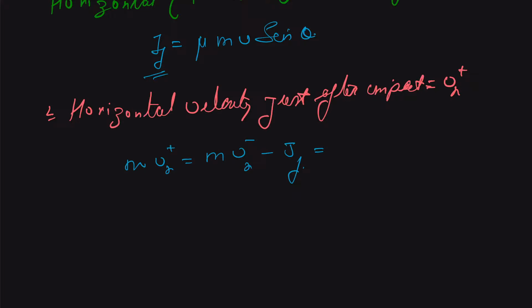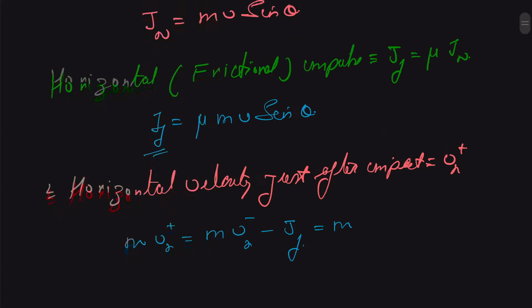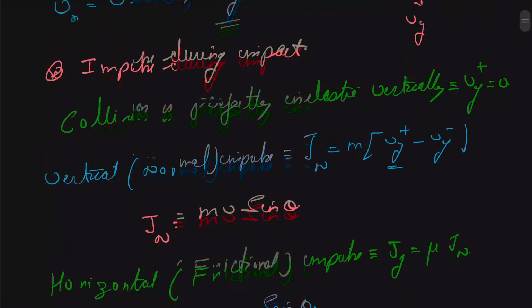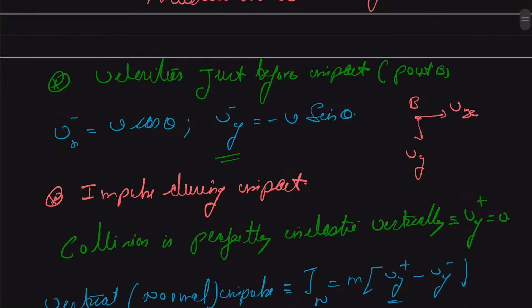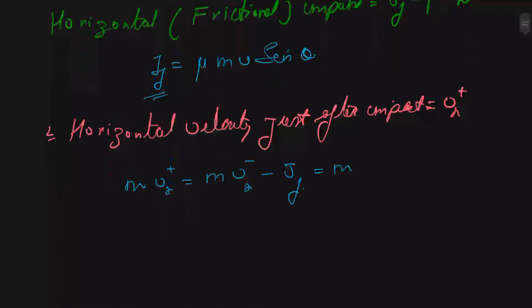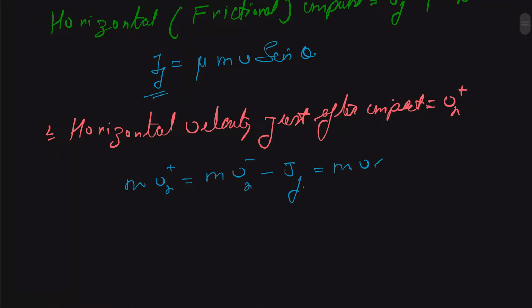So here we get m. Vx, the x component just before impact, we also know is the same, that is not going to change, that is V cos of theta. So this will be V cos of theta minus mu mv sine of theta, and we can cancel out the mass throughout.